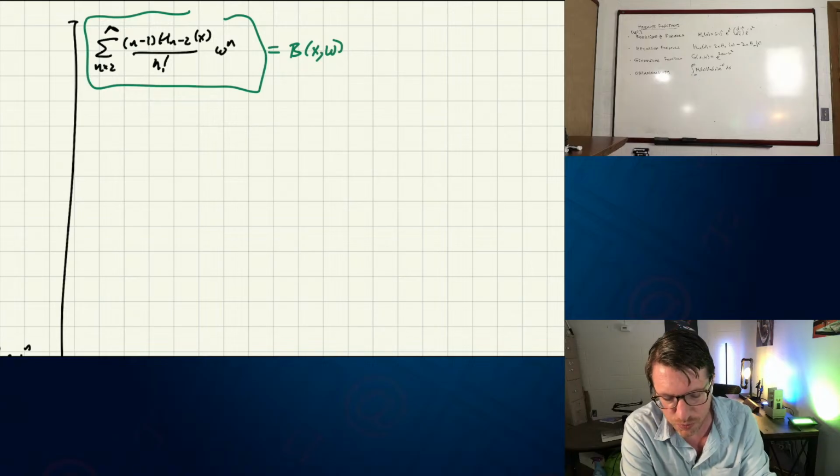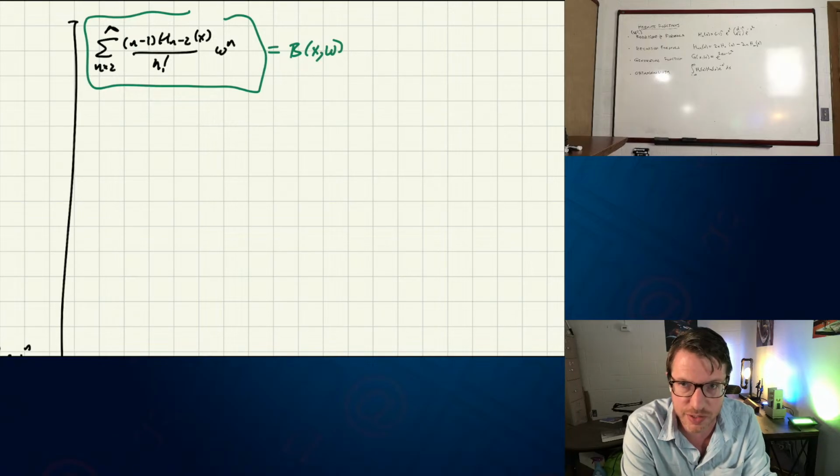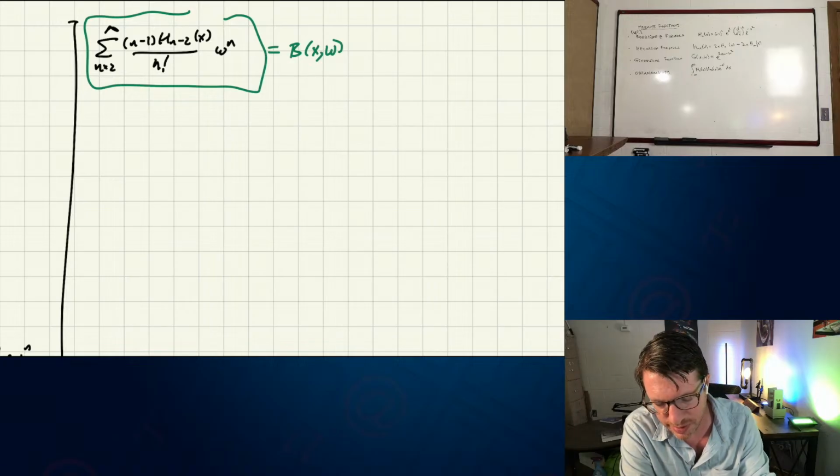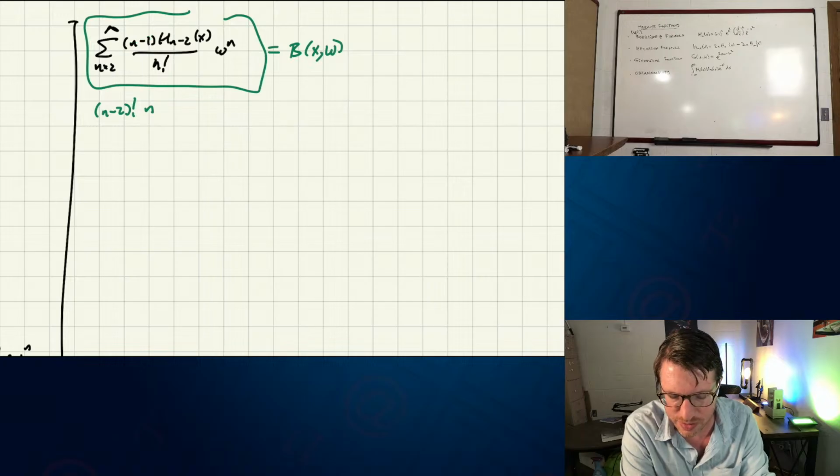We actually have this weird thing happening. We have this n minus 1 term on the top that is going to be taking out a chunk here. So all together on the bottom, we're going to be looking at something like n minus 2 factorial times n after we cancel this out. What would be nice is that once we take the derivative here, we're going to have that n pop out again, and it's going to cancel this. So we can get the same sort of stuff happening.